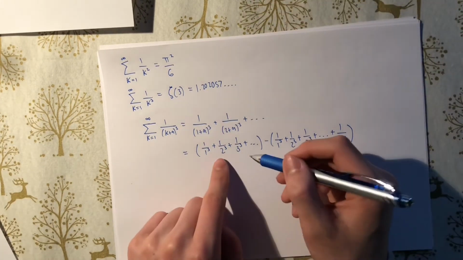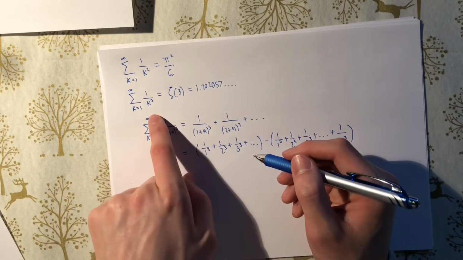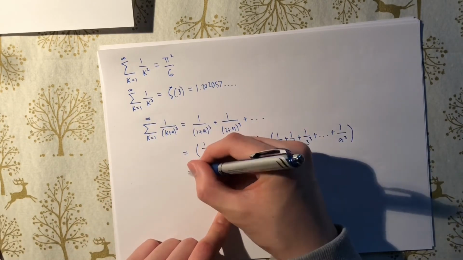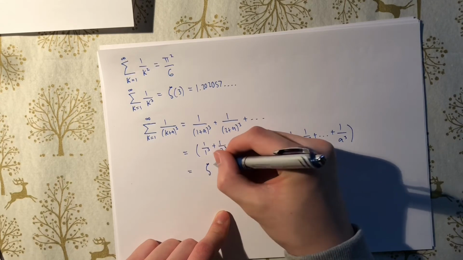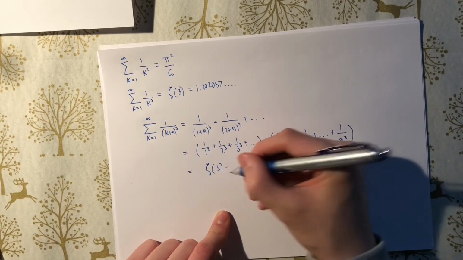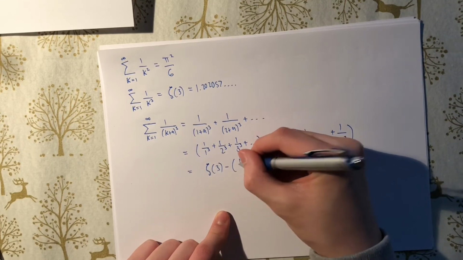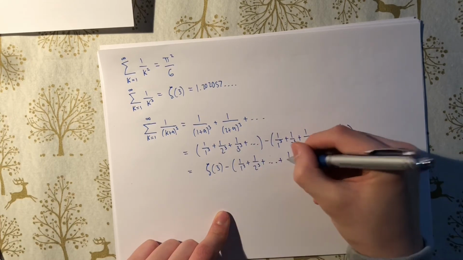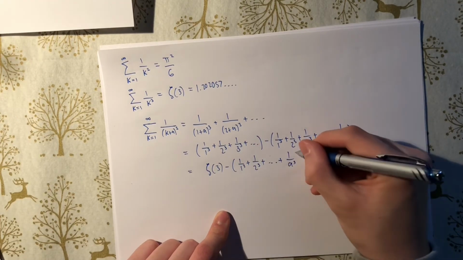Now, we can see that this first series here is simply the same as Apéry's constant. So we can say that this is equal to Apéry's constant minus this 1 over 1 cubed plus dot dot dot plus 1 over a cubed.